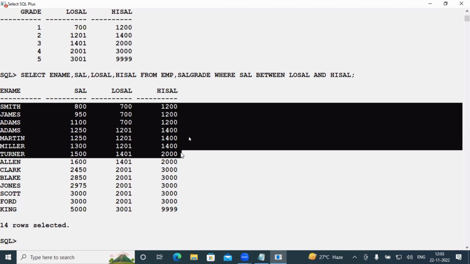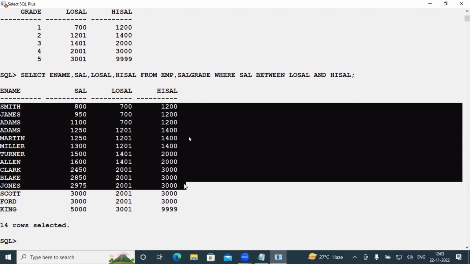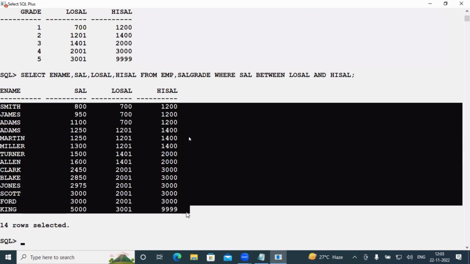So each employee's salary comes between low and high.